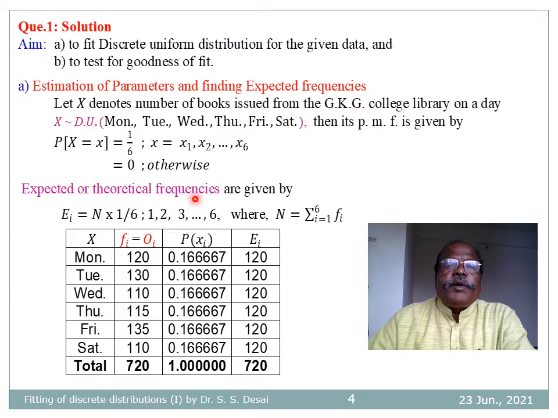For discrete uniform distribution, the probability for each value is uniform, and in this problem it is equal to 1 by 6. And expected frequency, the probability 1 by 6 into n, which is 720. So for each day the expected number of books is 120. So these are the expected frequencies.